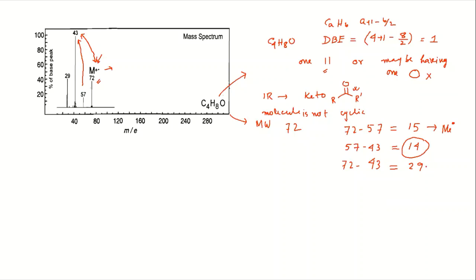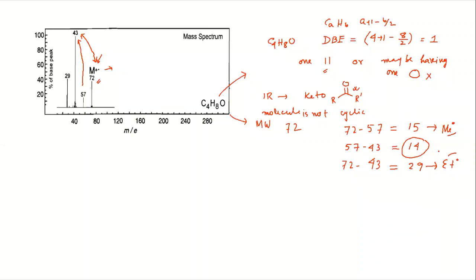So this 29, if you subtract, what does it tell? What is 29? Ethyl. Good. So that means the molecule is undergoing either methyl radical or ethyl radical elimination.